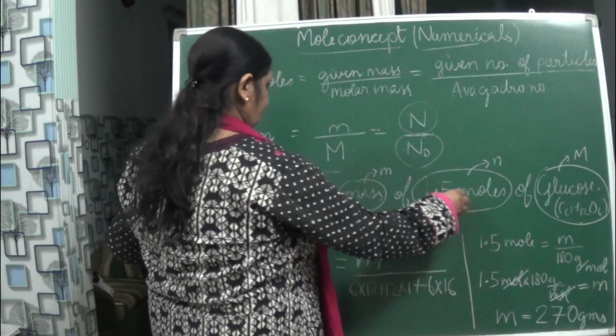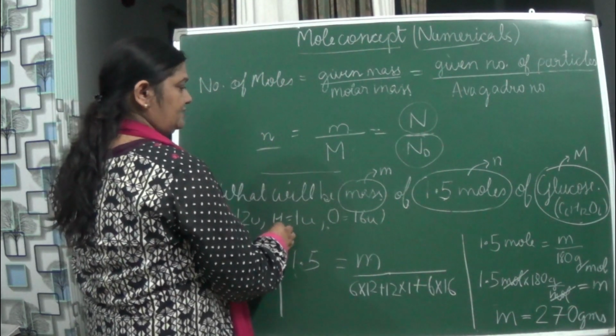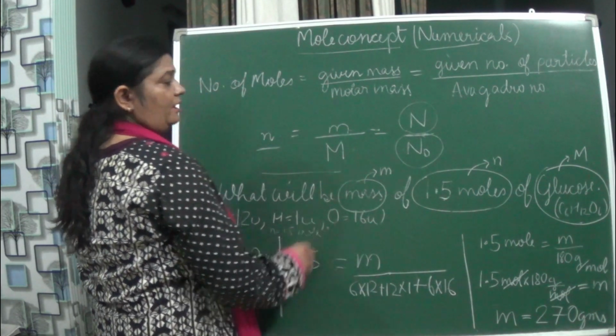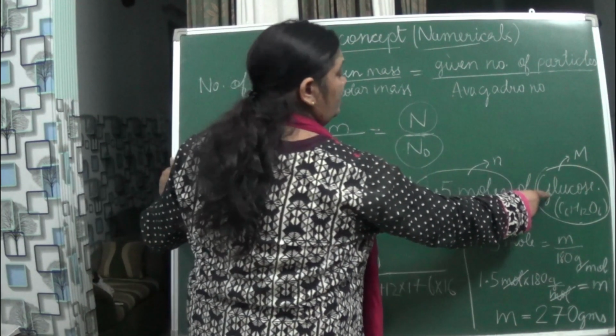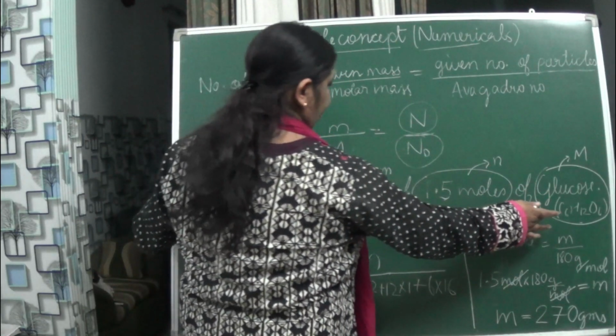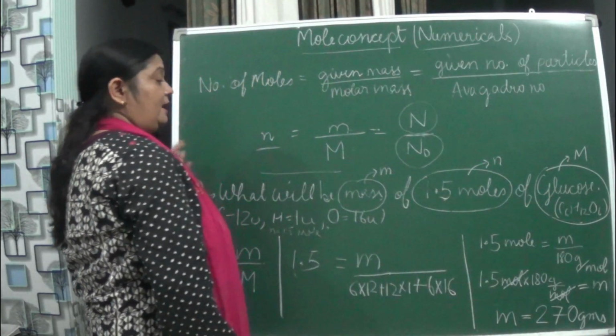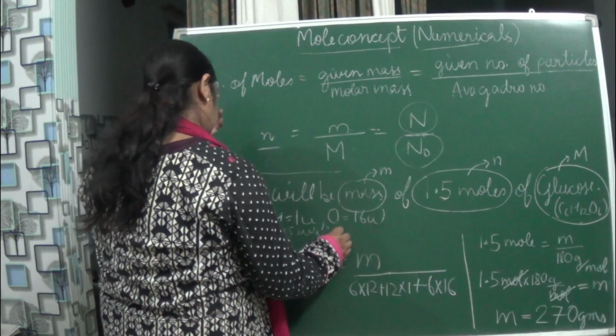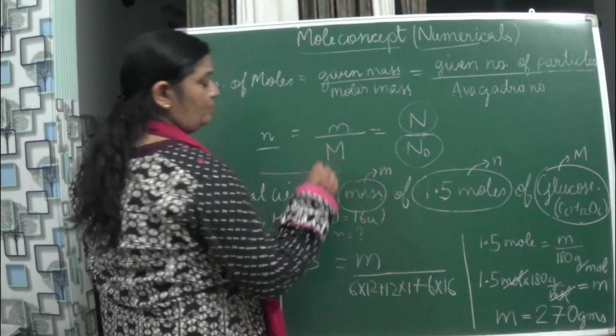Moles are given, so you can write n is equal to 1.5 moles. The glucose formula is given. The question says you have to calculate the given mass, so write small m and mark a question mark over it.